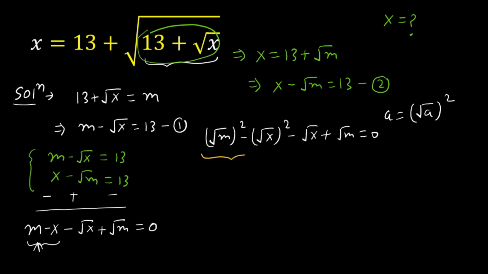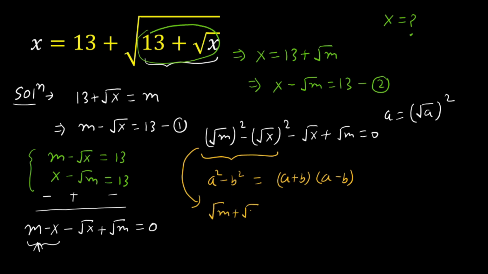Here look carefully at these two terms. If we apply the difference of two squares, a square minus b square is equal to the sum a plus b times the difference a minus b. Here we can say square root of m plus square root of x is multiplied by square root of m minus square root of x, plus square root of m minus square root of x, and this is equal to 0.